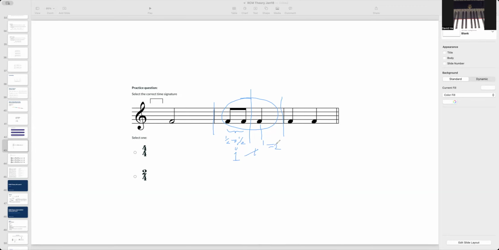And for the unit, you can see there are a lot of quarter notes, so definitely the bottom is 4 because you don't have any other options in here. And then the top one should be how many beats in one measure? That's 2. So that's the answer. Those are very easy and very basic questions.